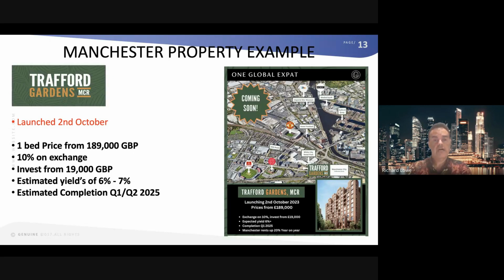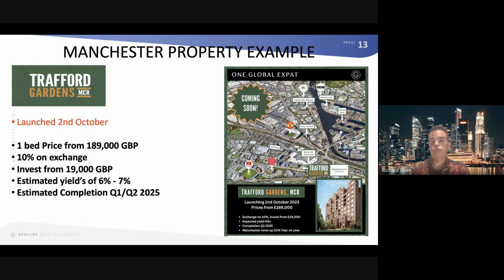There's only 10% that you need to put down on exchange, and then the balance is on completion. So for one of the less expensive units, you're only looking at about £19,000. Estimated yields are between 6 to 7%. So even with high interest rates on an interest-only mortgage, you'll almost certainly be cash flow positive. And of course, over time, one is looking for capital growth.